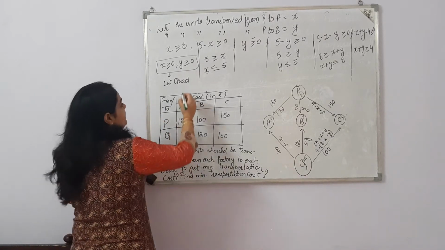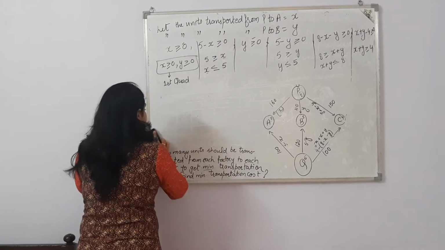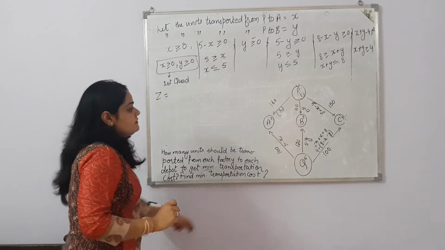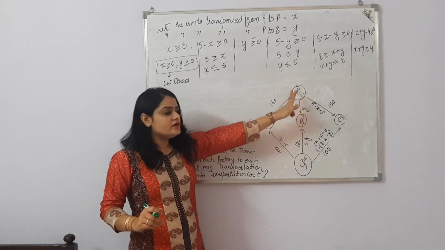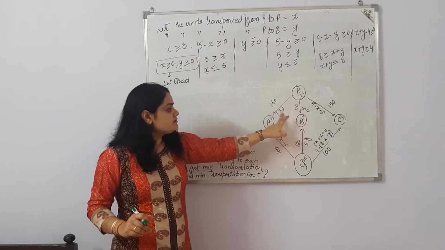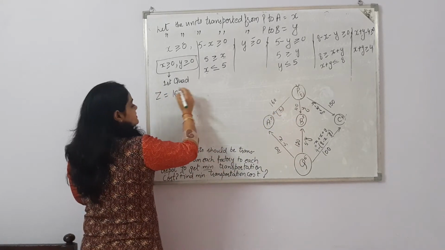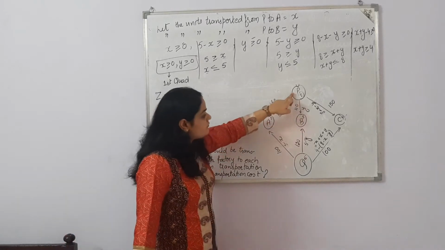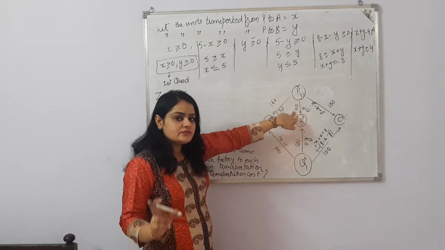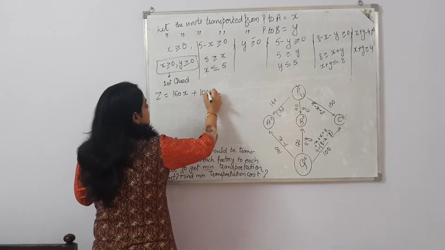Now we'll have to find z. z is the cost. The cost of one commodity transferring from T to A is 160, and x commodities are transferring from T to A, so the total cost will be 160x. From P to B, total y commodities are transferring, and for each commodity the transportation cost is rupees 100, so the total cost will be 100y.